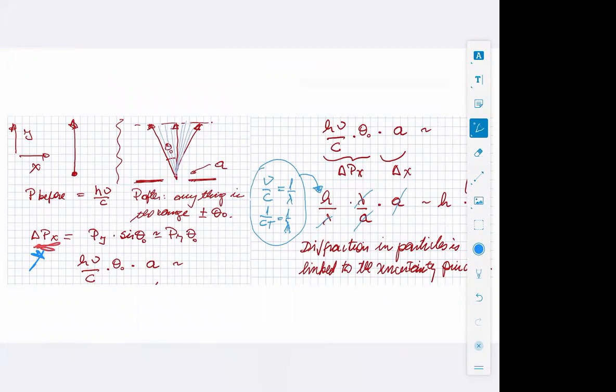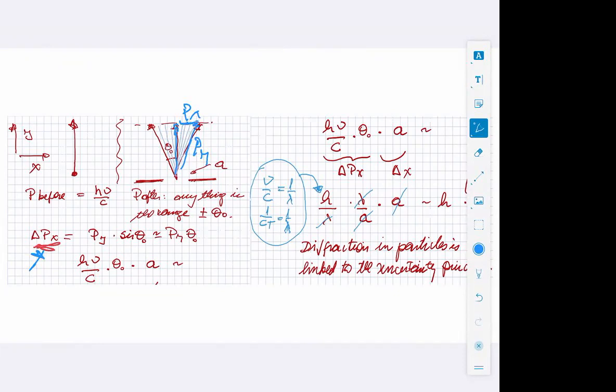Delta px, if you look at the graph, I'm doing this graphically, okay? The delta px, if this is p, the incident momentum p, and this is px, okay? The incident momentum is almost equal to this side because the angle here is very small. So delta px is equal to py, essentially the momentum along this direction, times sine theta.